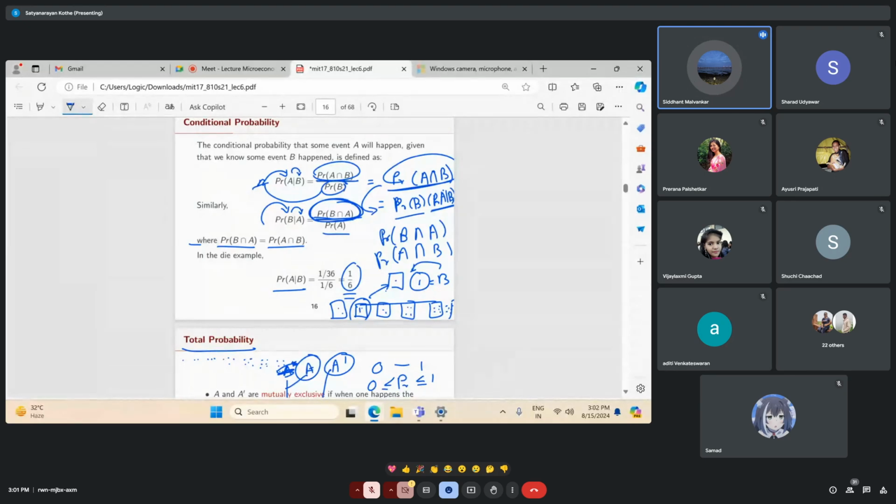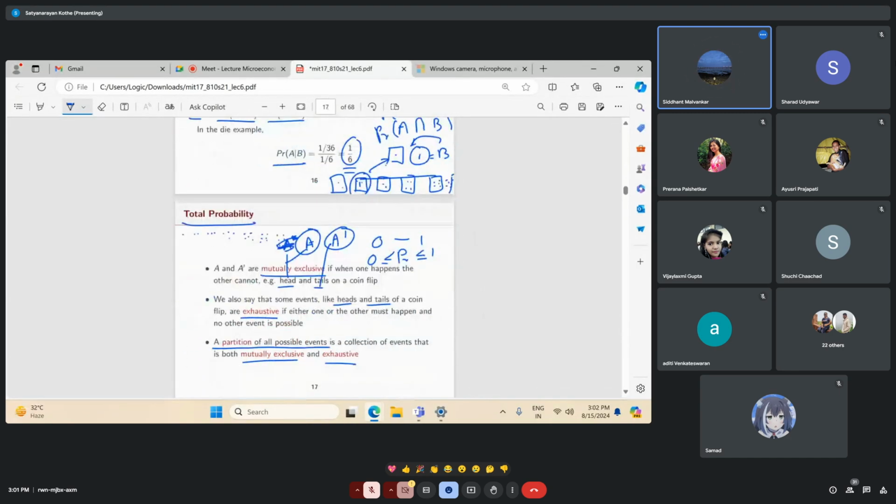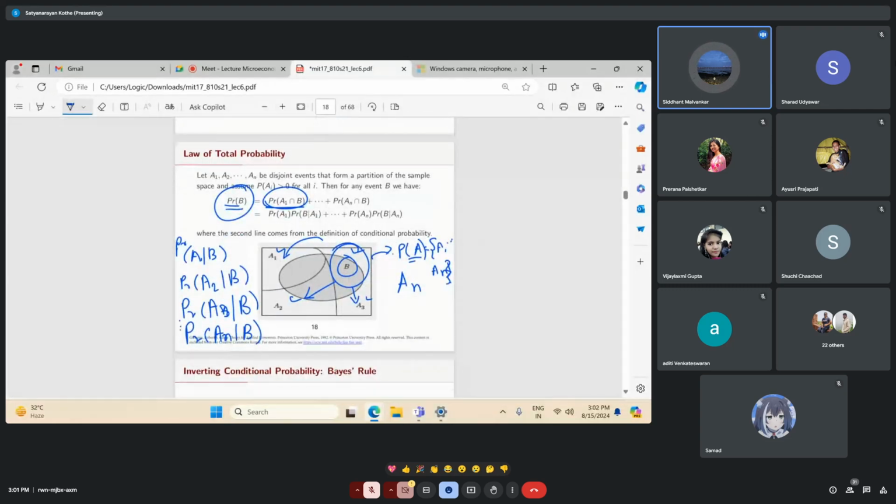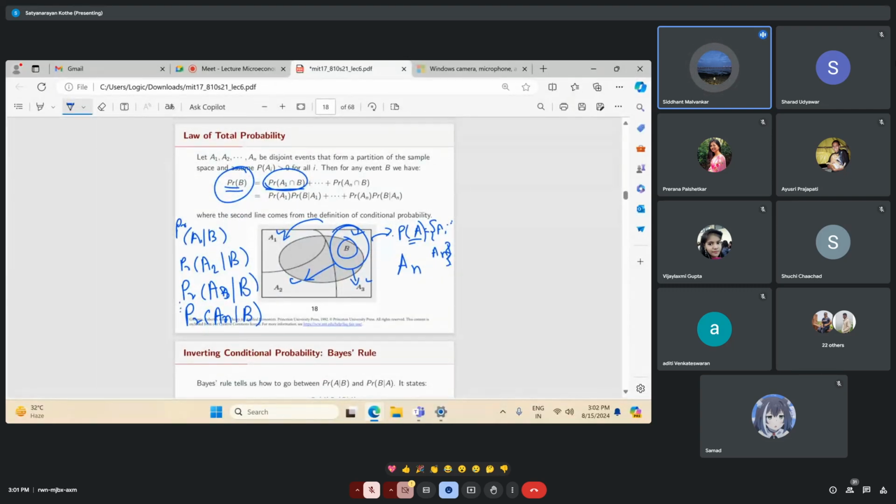So the probability of B when A takes place, and these probabilities are defined as the probability of A1 intersection B is equal to the probability of A1 times the probability of B given A1. Because we are defining the total probability of B. Okay? Is that clear? Yes.